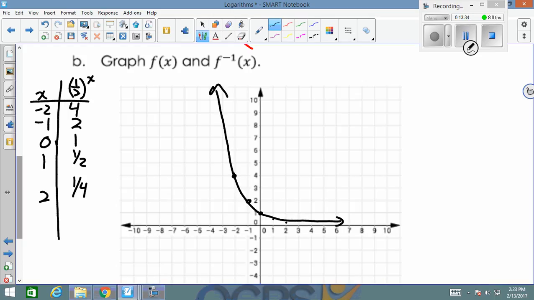Okay, still same thing. The inverse of this, remember to switch your x and y's.